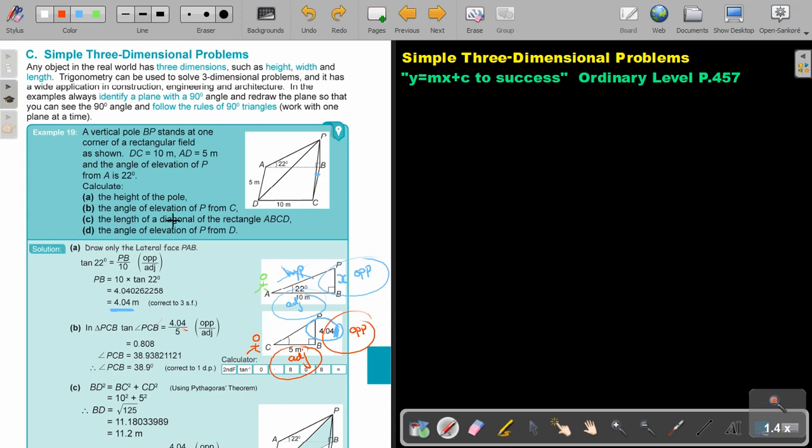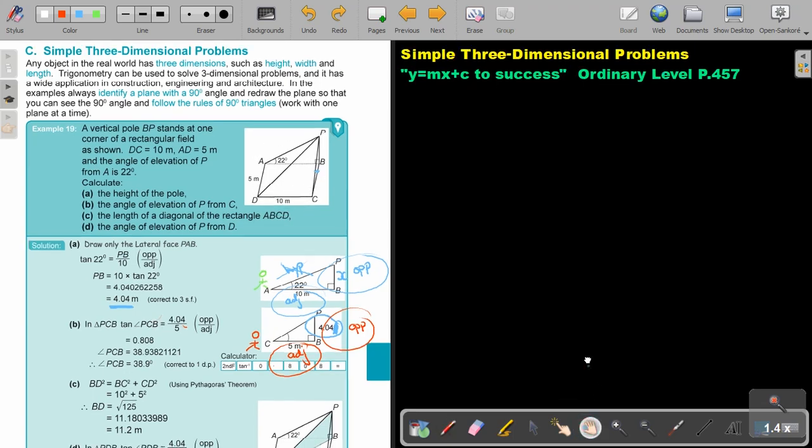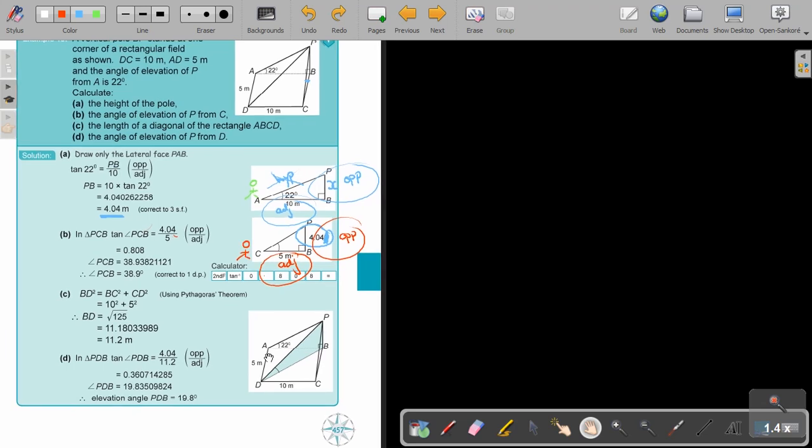Now, the length of the diagonal of the rectangle ABCD. Using Pythagoras, don't forget that this is just a rectangle.